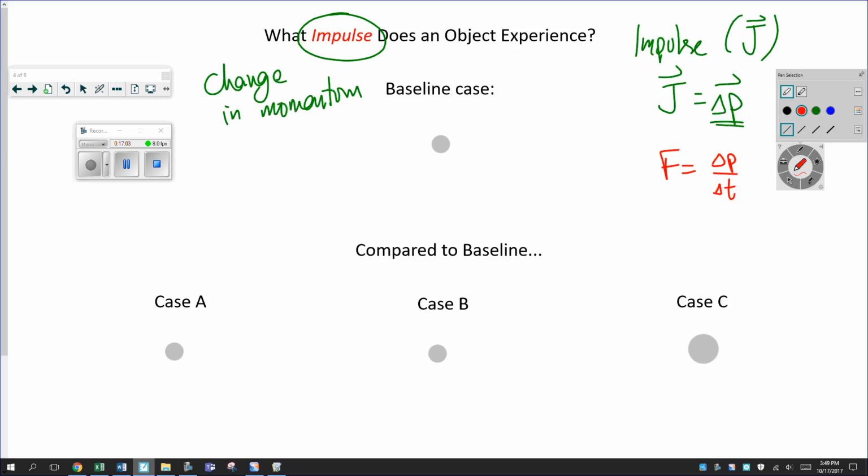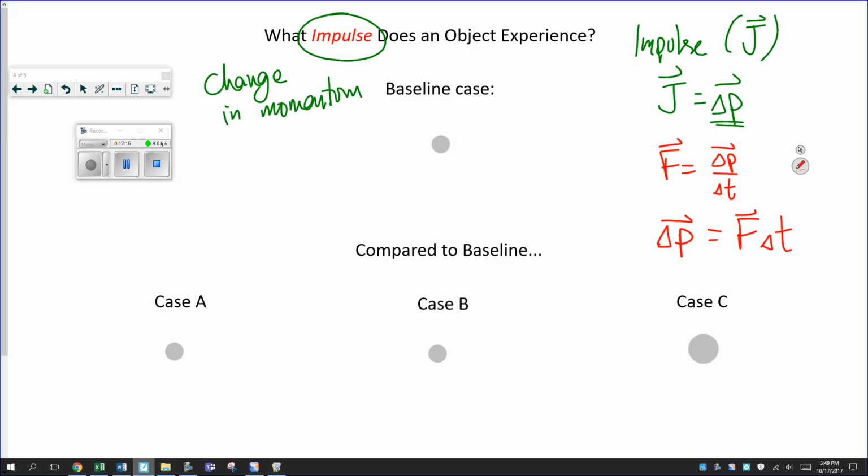I guess you could say the rate of impulse. I don't know if that's as common a phrase, but just algebraically rewriting, we get there. How much will an object's momentum change? How much impulse does an object experience? Same question.